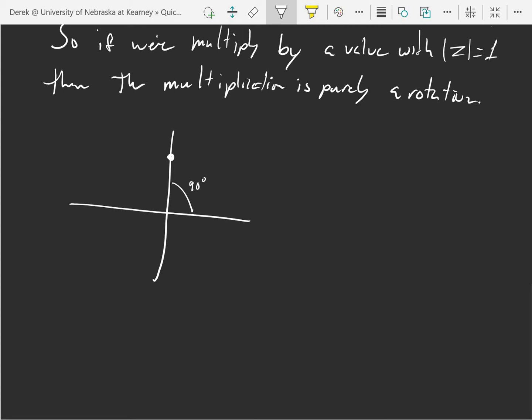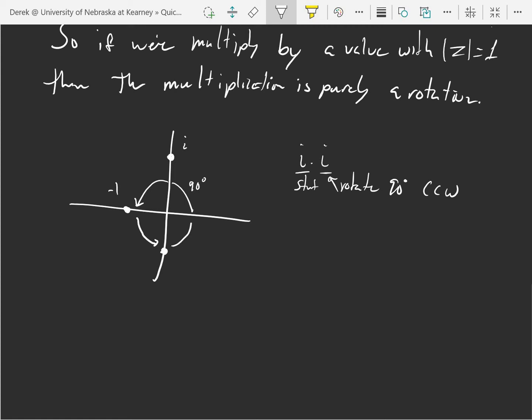So if I multiply i by i, I should start at i and rotate 90 degrees counterclockwise. I should end up down here, and this point is at -1. If I multiply by i again, I should rotate another 90 degrees, and I'll end up at -i.